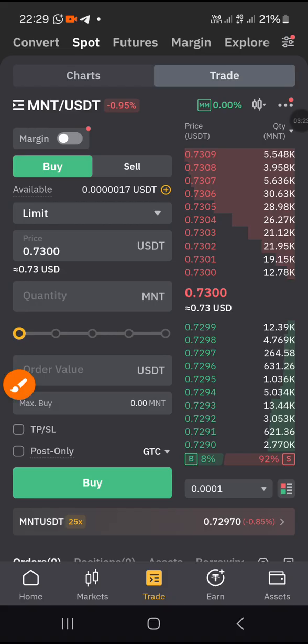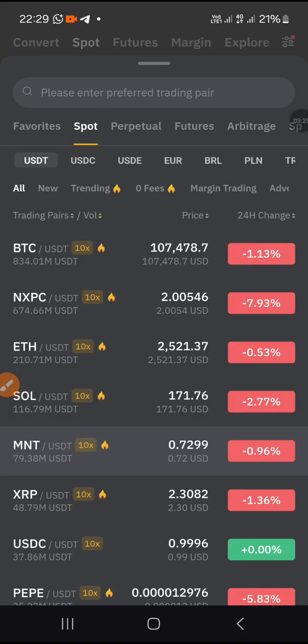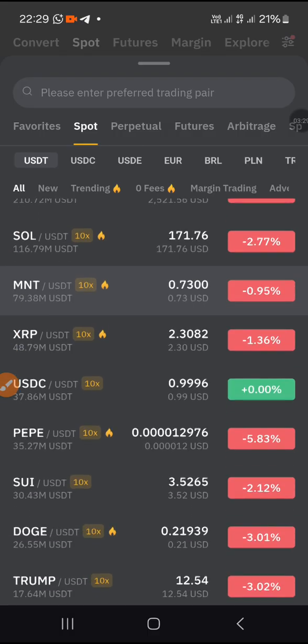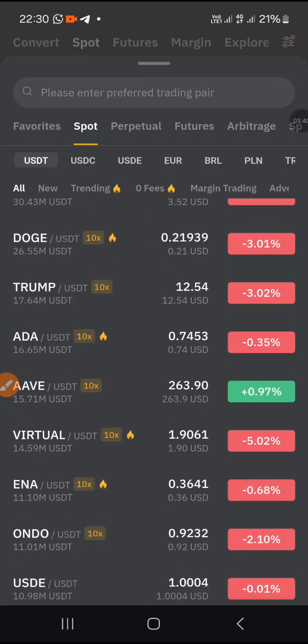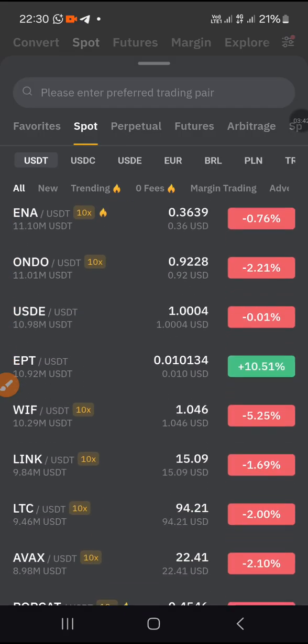The first thing you need to do is click on the MNT. Clicking on it will show you a lot of coins, and you can make your choice of the particular coin you want to trade.